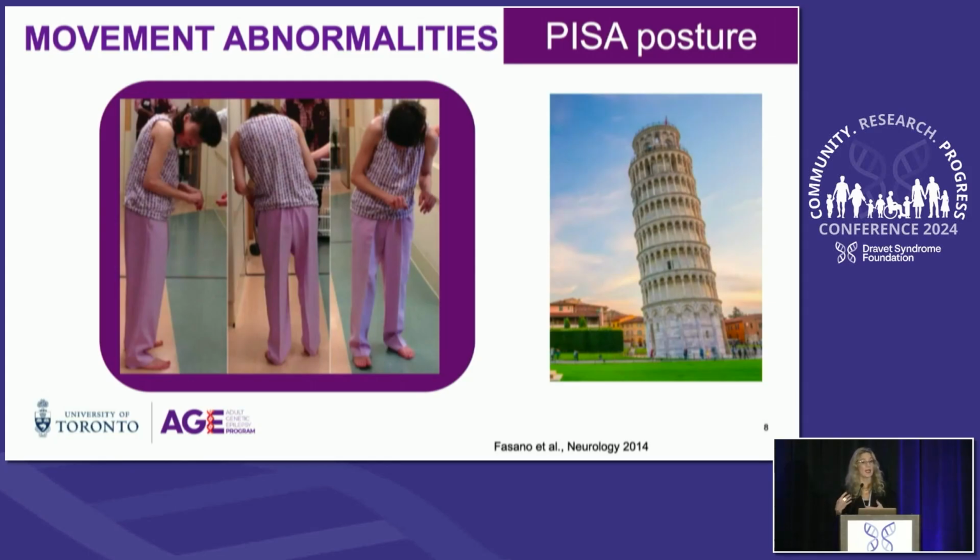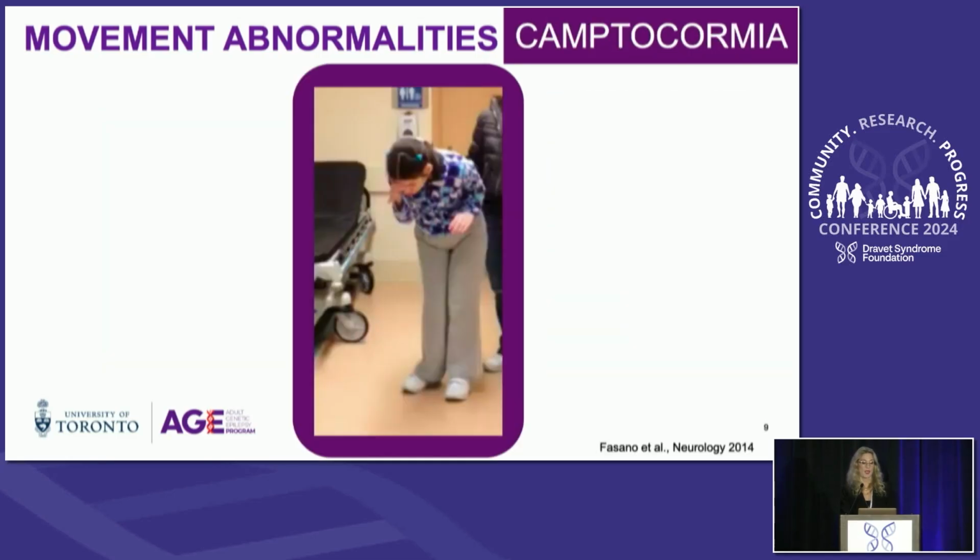But again, it's saying that there's something wrong in the brain, perhaps in the peripheral nerves, that causes these problems with the posture. Now, an extreme evolution of this is what we call camptocormia. This is a patient that has this posture all the time. She really cannot extend and stay more straightforward. She only extends when she's lying down at night.